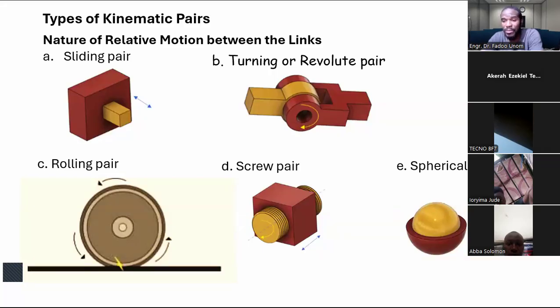Usually they would have teeth, or what we call threads, and the threads would match, and as one rolls or revolves, it moves forward or backwards inside the second pair.